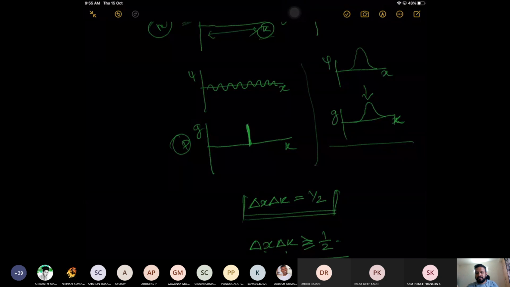From the next class, I will give you the lab manual, which will be more helpful. And since it's more helpful, I will also introduce a quiz in the lab session. That quiz will correspond to 3 marks.